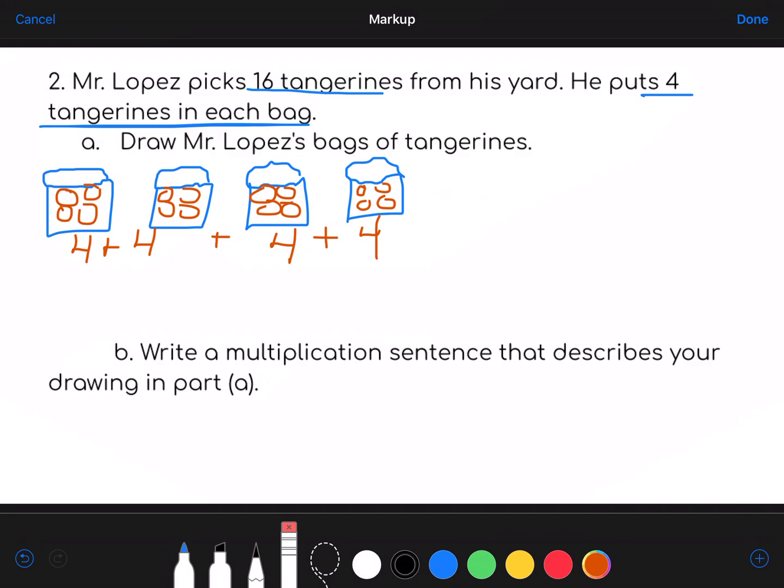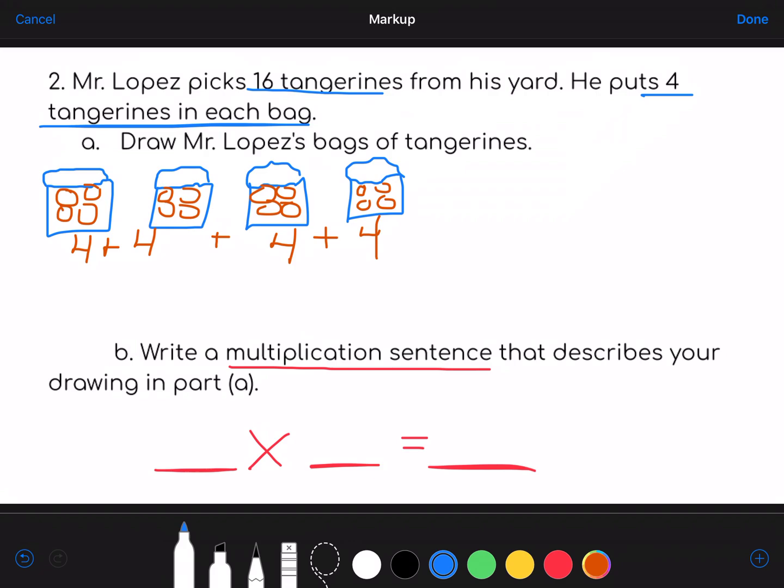B says, write a multiplication sentence that describes your drawing in part A. When you see the words multiplication sentence, you should automatically think blank times blank equals blank. That is a multiplication sentence. You don't need words. You don't need an explain how. It's just blank times blank equals blank.